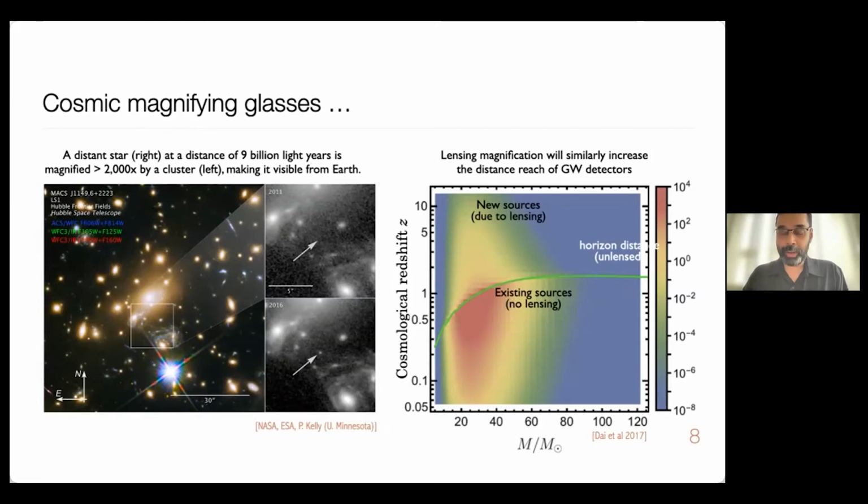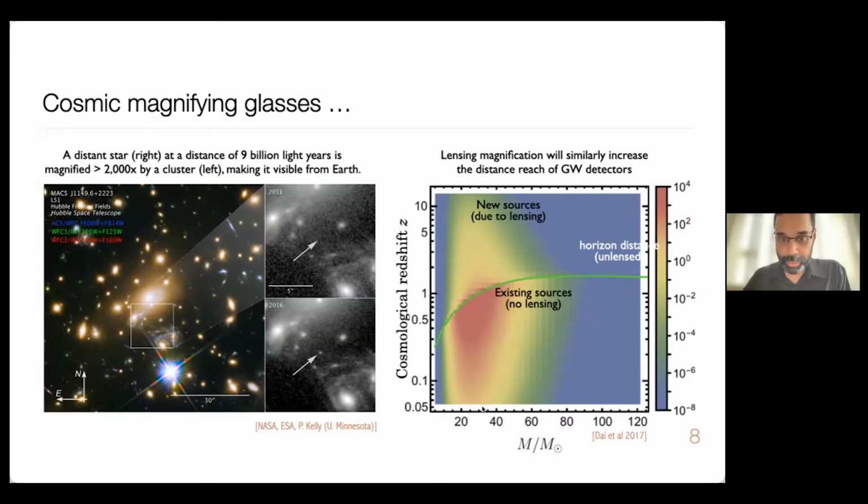And similar to this is a very rare phenomenon. A small fraction of the very distant binaries could be highly magnified due to the intervening matter between this. And this, for example, would enable us to detect some very, very distant binaries, potentially the first binaries formed in the universe, although our detectors have a much smaller sensitivity horizon.